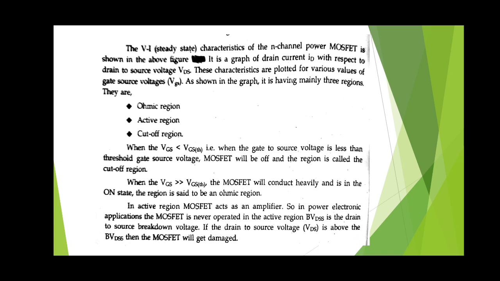So it is the drain to source breakdown voltage when the gate is open circuited. The MOSFET is damaged if drain to source voltage is increased above this value. So this was regarding the VI characteristics of the power MOSFET.